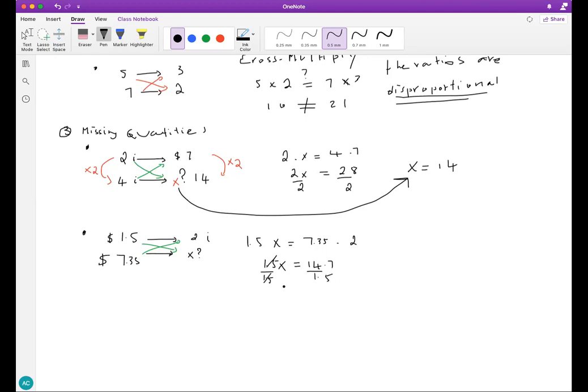The 1.5 cancels out, and we end up with x. Then you do the division, 14.7 divided by 1.5, on the side. So this will be 9.8.